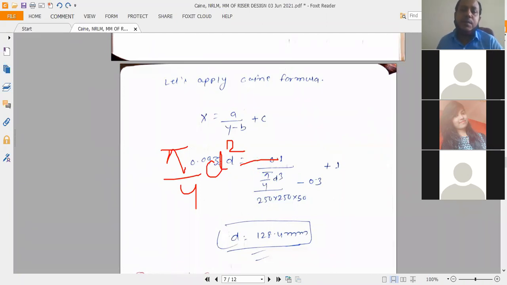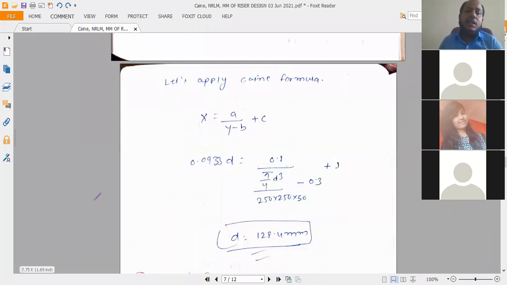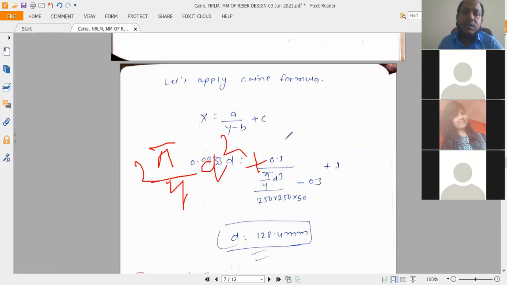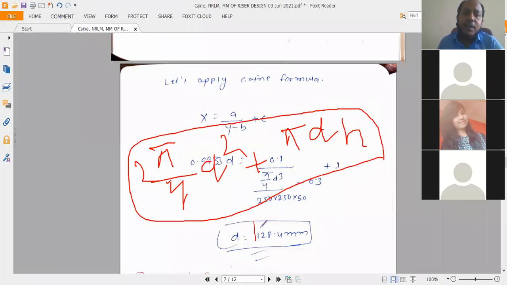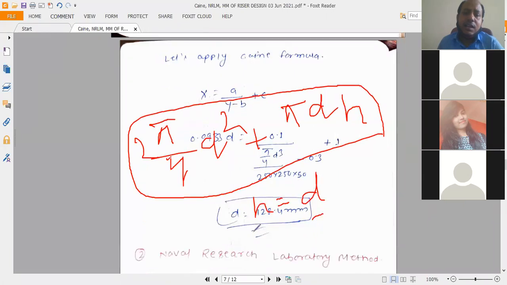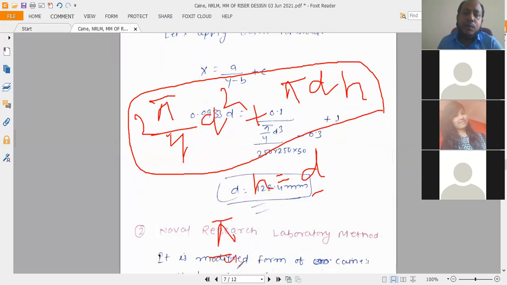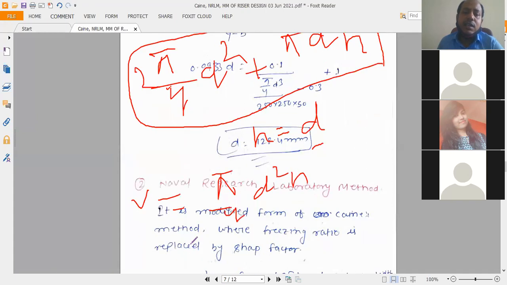2 टाइम्स ले लीजिए आप, कोई प्रॉब्लम नहीं है, 2 π/4 d² प्लस π d h, इसको कैलकुलेट करेंगे when h is equal to d and π/4 d² h is equal to volume of the riser, and when we apply the ratio, the surface area by volume, it will equal to 6/d.